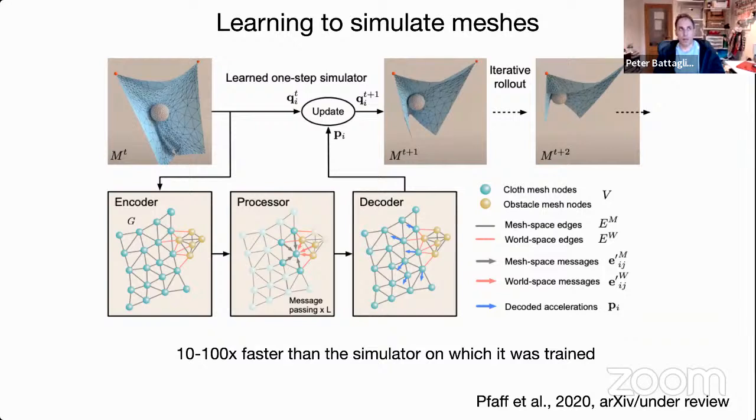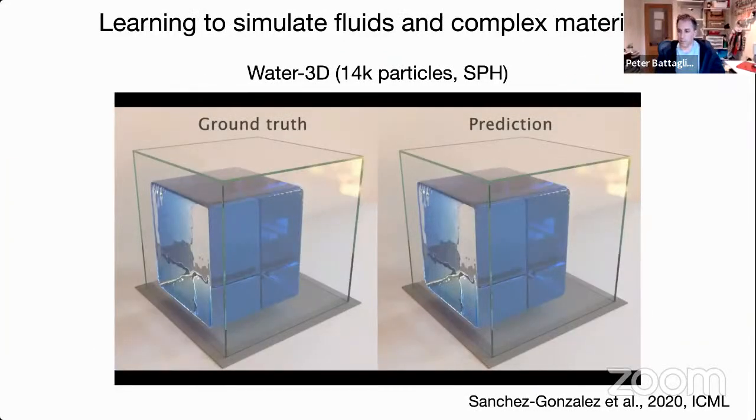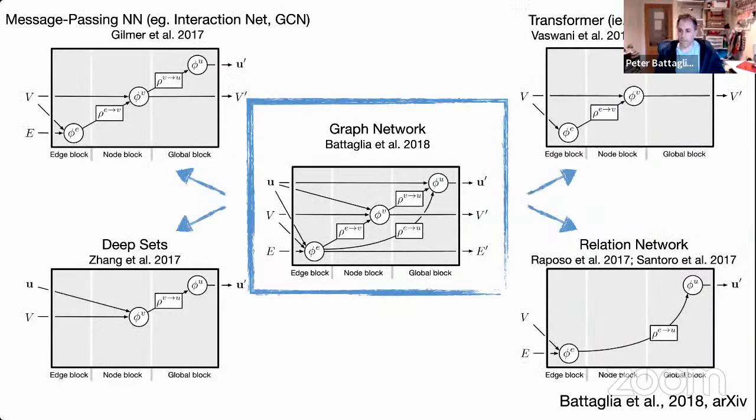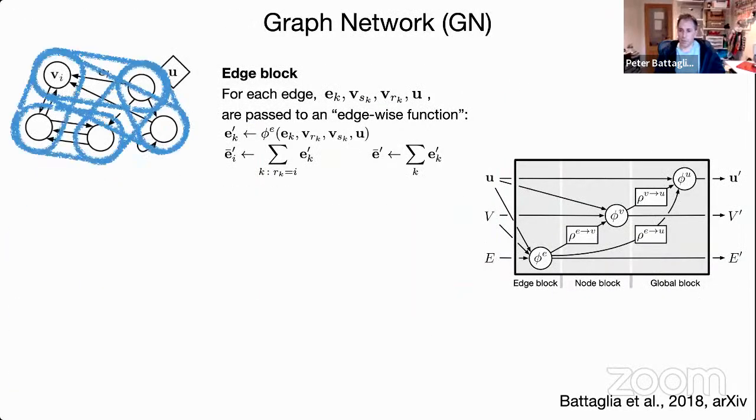Another thing we've been doing, in a workshop paper, is this: because these models have inductive biases, let me go back to this part. We take these edge functions, phi e, which correspond to something physically meaningful: the interactions between things, which in classical mechanics would be the forces.